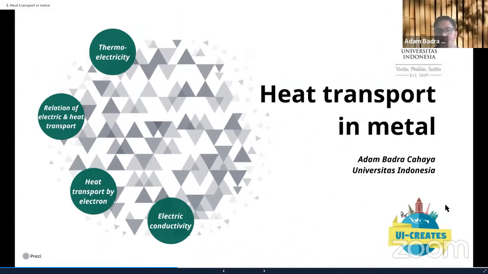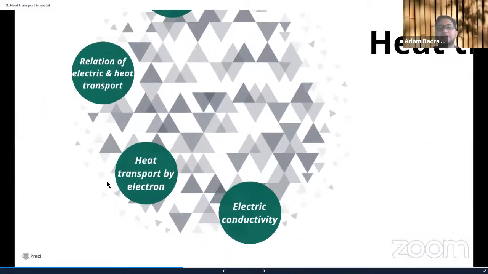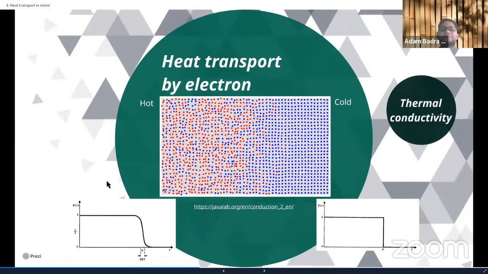Next, we want to study heat transport. How electrons transport heat can be illustrated using this figure. Basically, transport means that the electron moves from an area that is hot to an area that is cold.